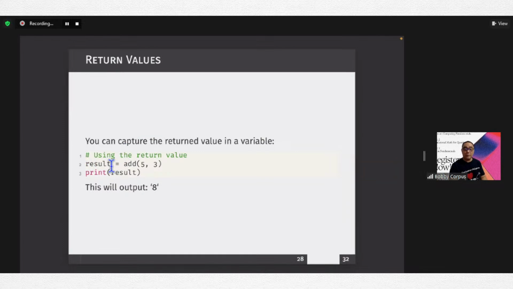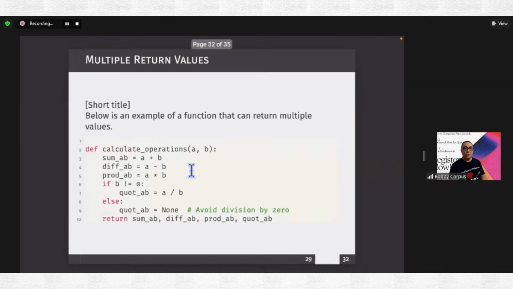So you can capture the return value in a variable. For example here, I defined a variable called result, invoked our function called add with the parameters 5 and 3, then printed the result.